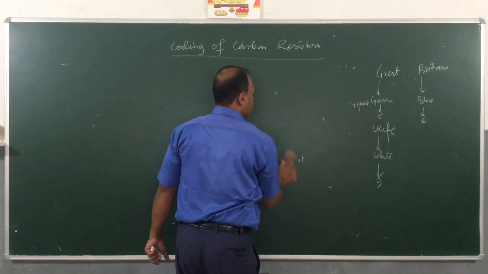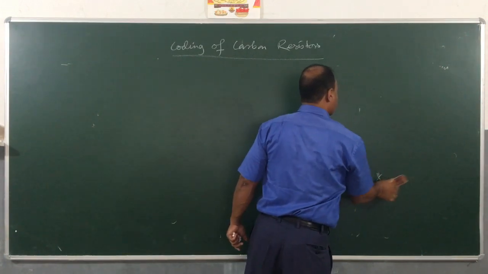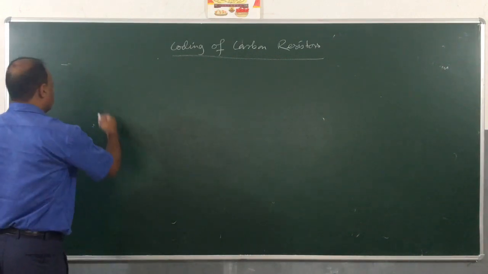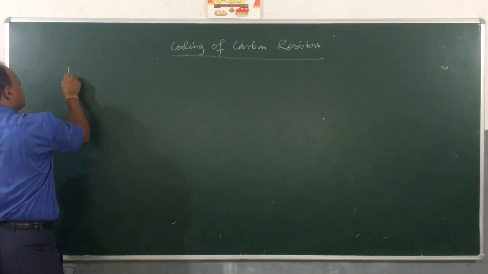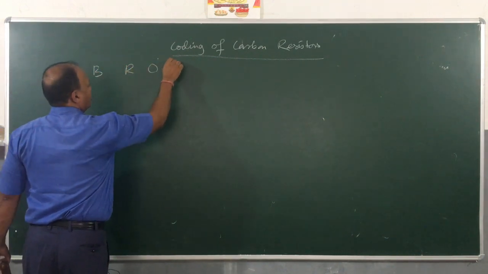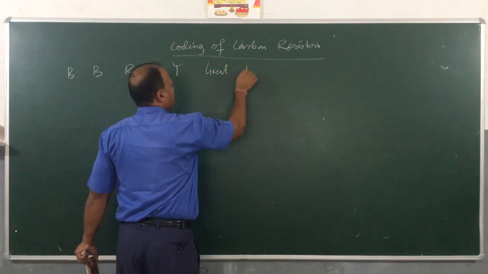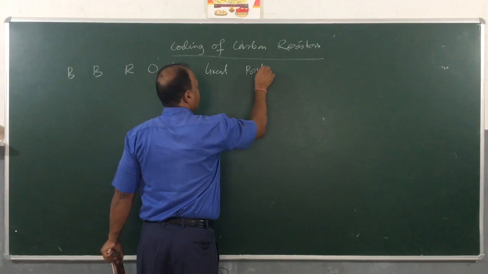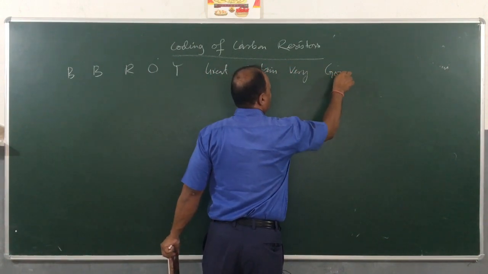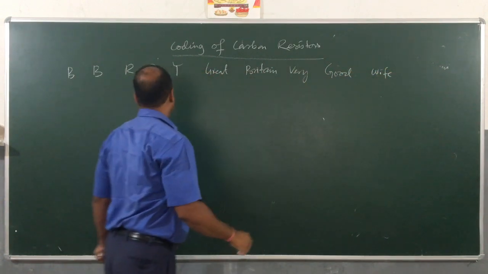So on a carbon resistor, when we put a coating on it, there are 4 stripes. Let's see this once again: BB Roy, Great Britain, very good wife. Once again we will understand this coding system.